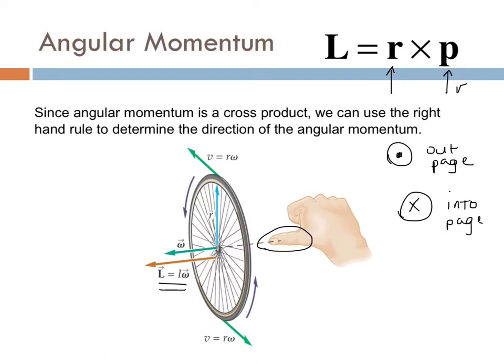This is more likely to be seen on a multiple choice section of the AP exam. If it's asking you a conceptual question, then it'll show these symbols as out of the page and into the page. A way to help you remember this is I like to think of an arrow.